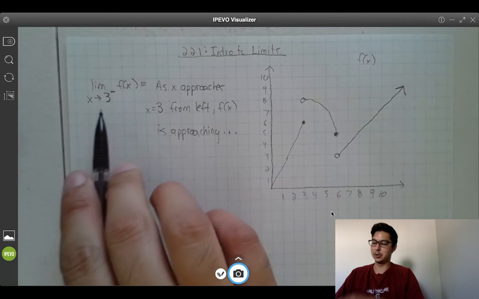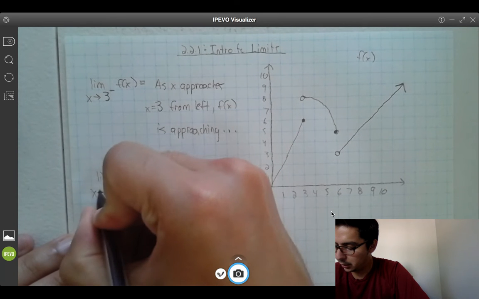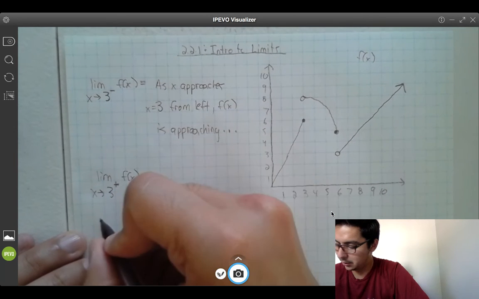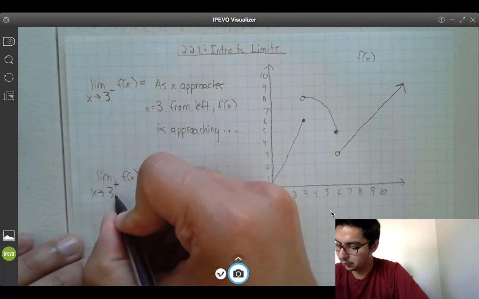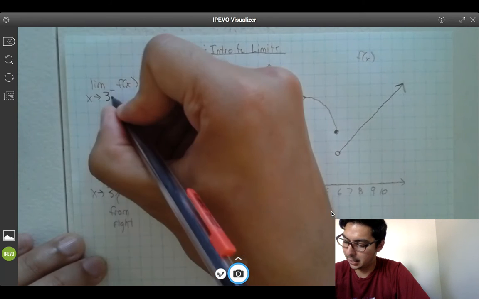So the limit is x approaches 3 from the left, and vice versa, if you see a little plus sign afterwards, that is the limit as x is approaching from the right. So from the right, and that is from the left.